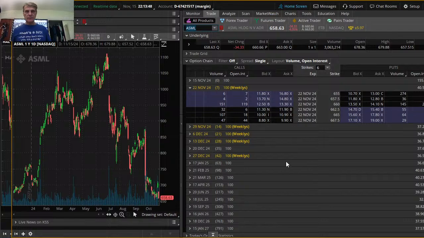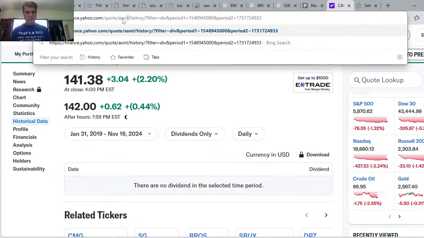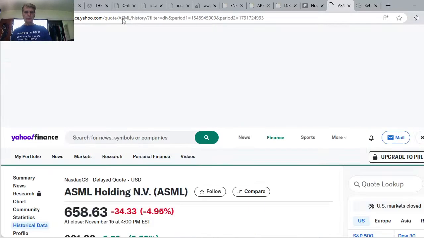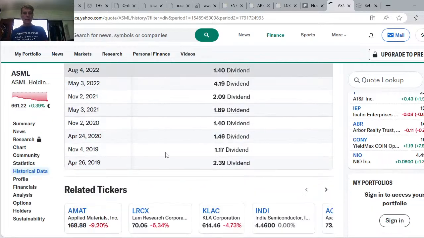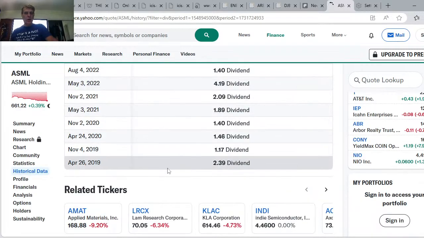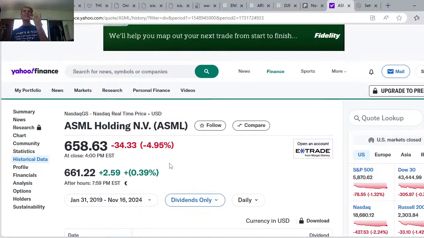Okay, ASML. All right, let's take a look on their dividends. Ooh, they do pay dividends. Y'all, come on. 19, 20, 21, 22, 23, 24. 6 years? Sorry.